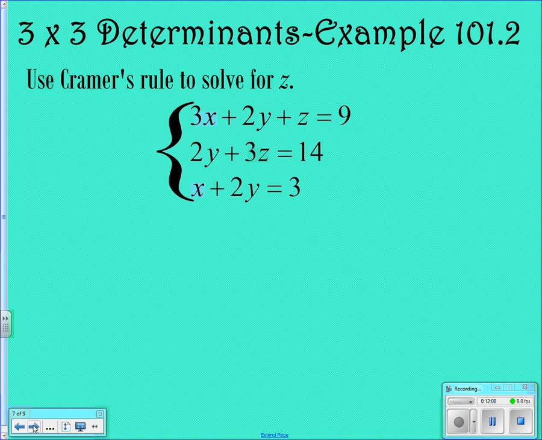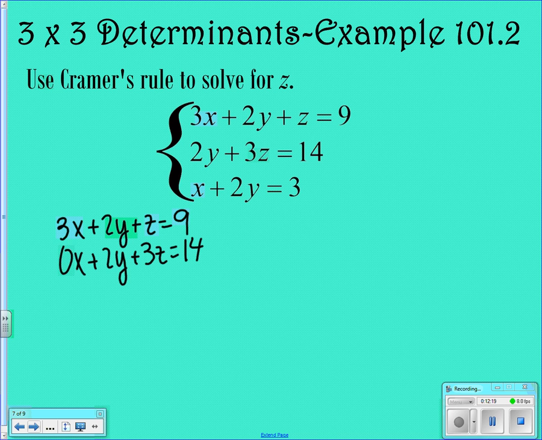What I like to do is write my equations where I have all of my variables. And so I have 0x for the second one. And then I have 0z for the third one. Some of y'all may be able to do it without that, but I like it because it helps me line up my x, y's, and z's.